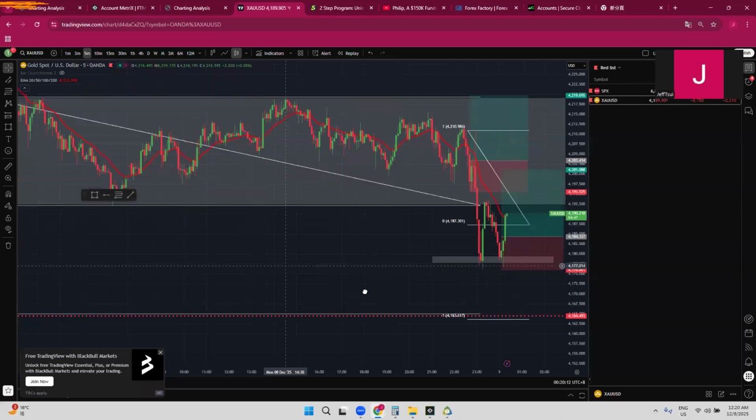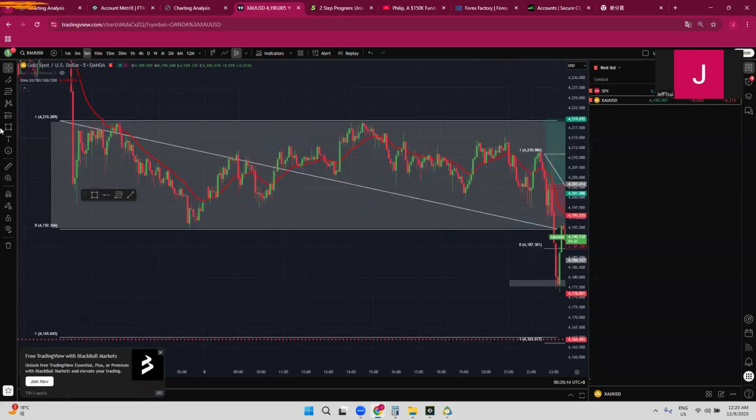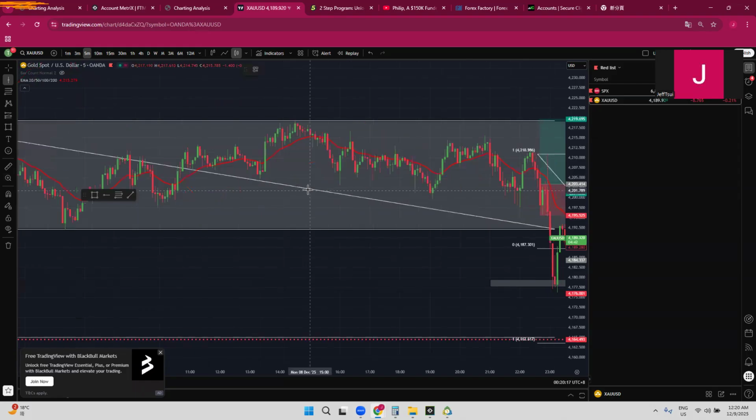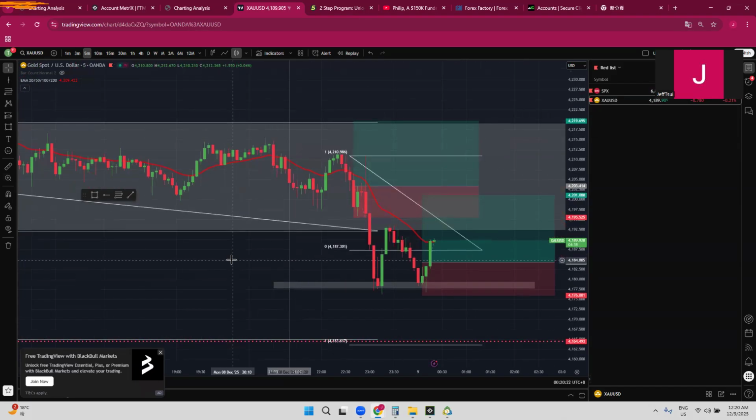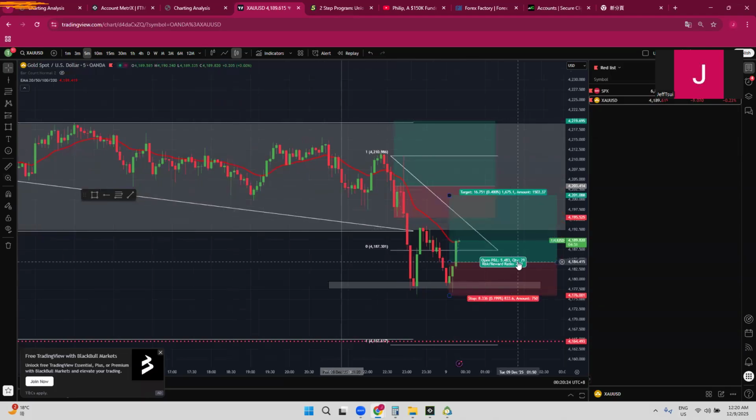You can see over here, when I came to the chart, price is pretty much ranging at that point, somewhere around here, just ranging massively.